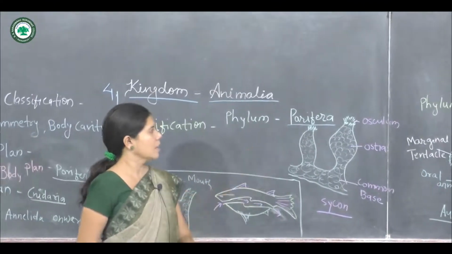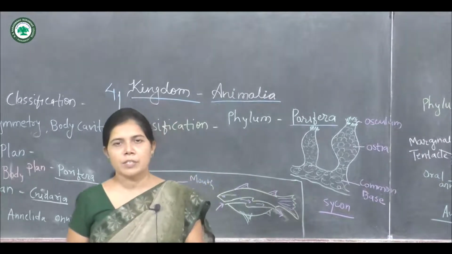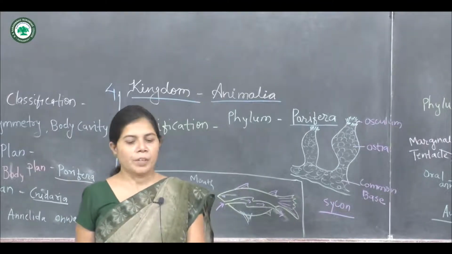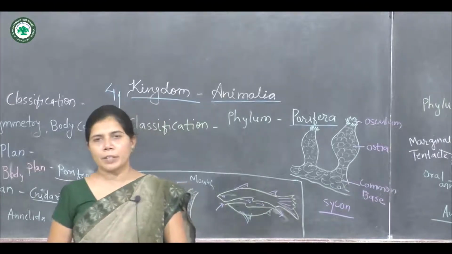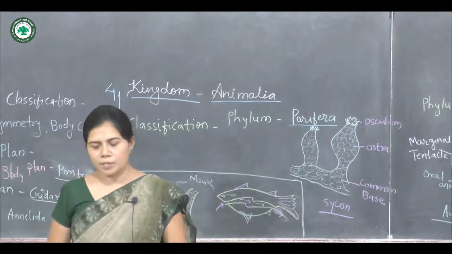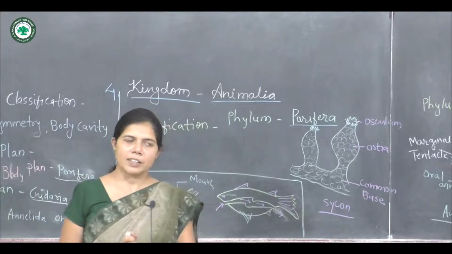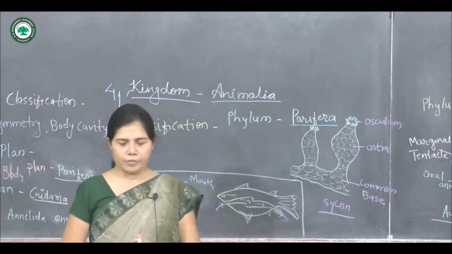It is the primitive phylum, the first phylum of the animal classification. Examples of that phylum are the sponges, Euspongia. These are the examples included in phylum Porifera.